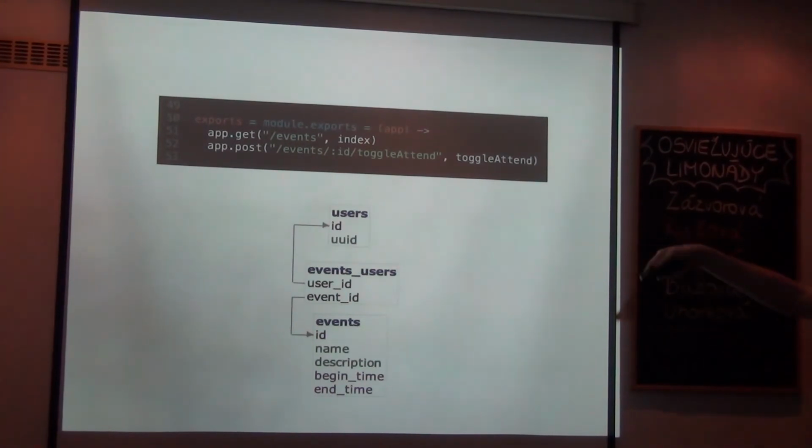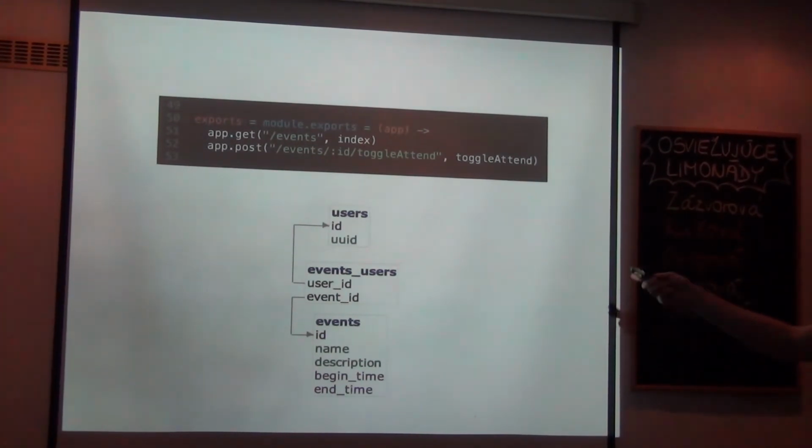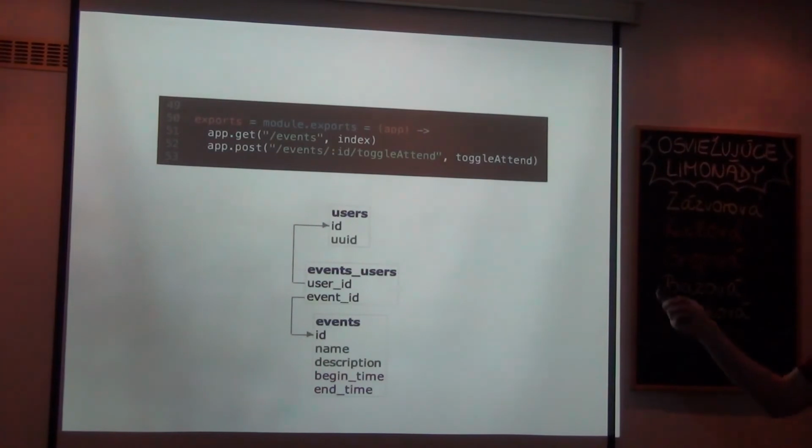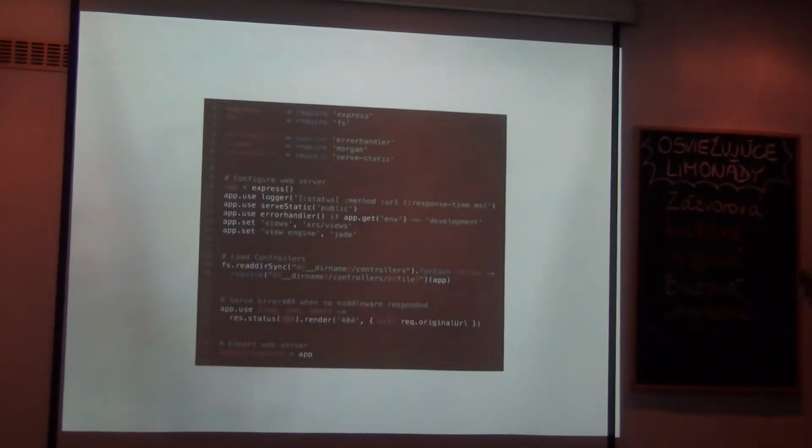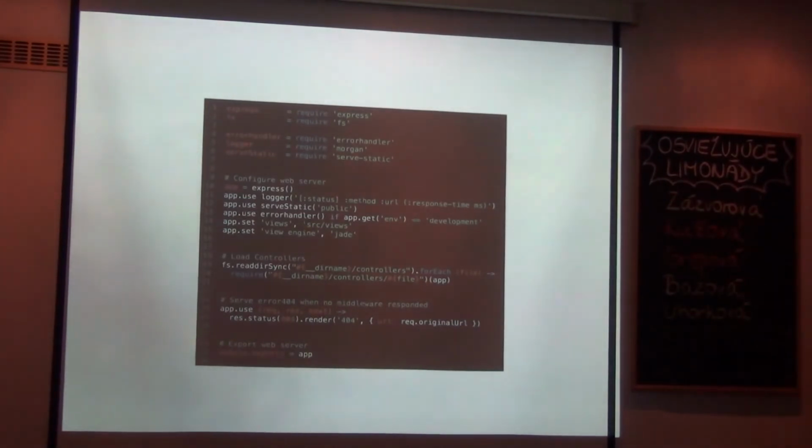A user can attend many events, and an event has many users attending. So this is really the simplest implementation. Maybe the name of the table should be attendees or something like that, but I follow the conventions of my ORM library.